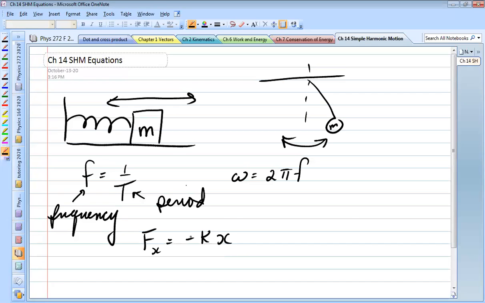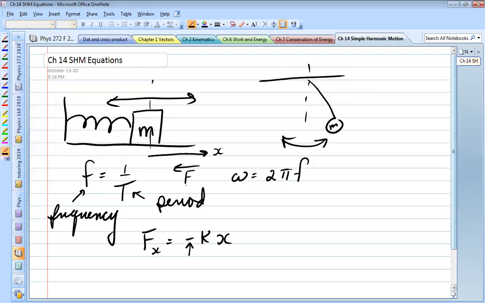There's a negative because if the mass is moved to the right, the displacement x is positive, the force is to the left. And so that's why there's this negative here in Hooke's law. And that's always the case. If you pull something away from equilibrium, you need to pull it back with a restoring force. That makes it oscillate. If this was a positive number, the thing would just accelerate over to the right and never go back.